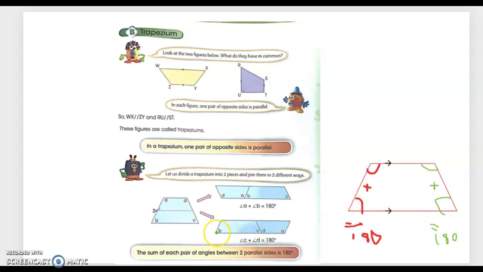Right, that's the meaning. That means the sum of each pair of angles between two parallel sides is 180. That means this is one pair, right? One pair. When you add this pair of angles, it will be equal to 180. When you add this pair of angles between the parallel sides, this is one and this is one, they are between, right? Between the parallel sides, it's equal to 180 when you sum them up.